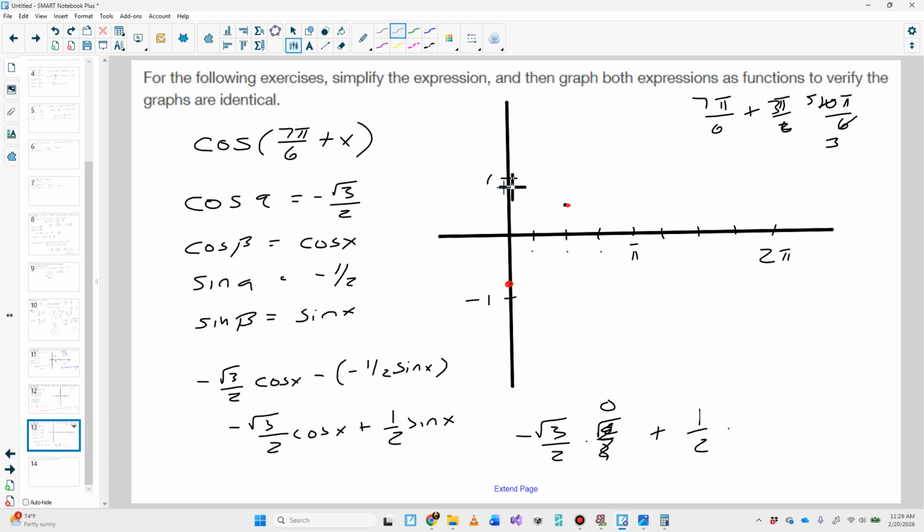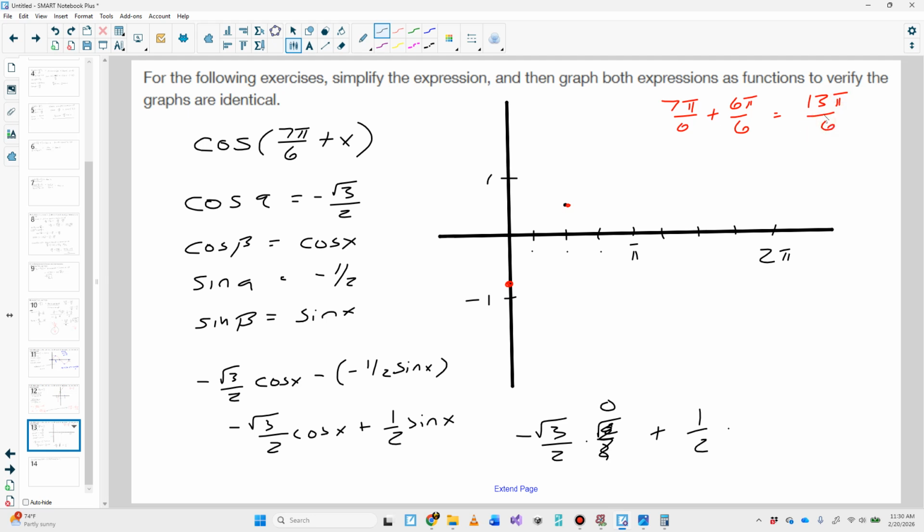Now the cosine of pi: if I take 7 pi over 6 and add pi to that, let me erase a few things here. 7 pi over 6 plus pi is 6 pi over 6, so that's going to be 13 pi over 6.